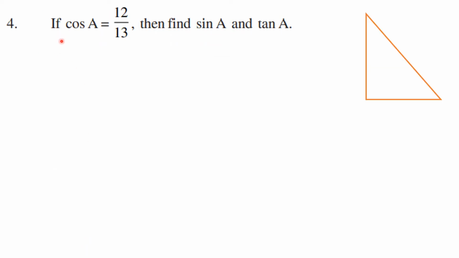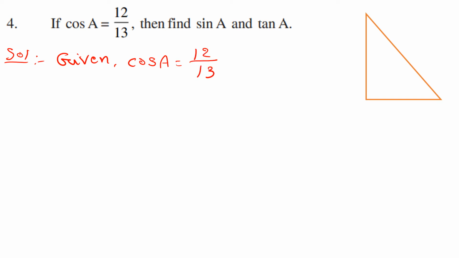Question number 4. If cos A equals 12 by 13, then find sin A and tan A. They have given that cos A equals 12 by 13, and we have to find sin A and tan A. Let us see the solution. Given cos A equals 12 by 13.